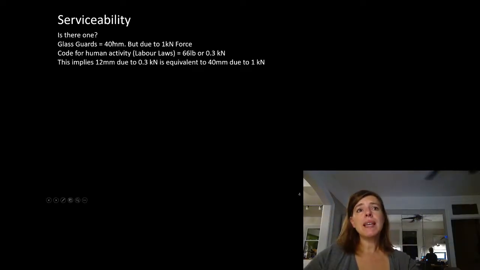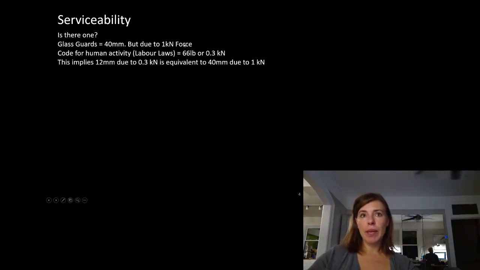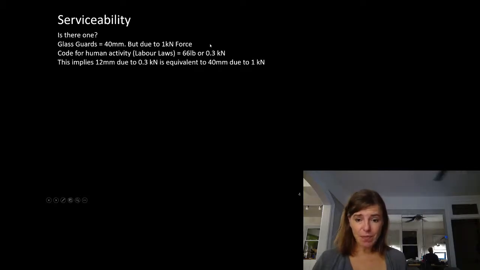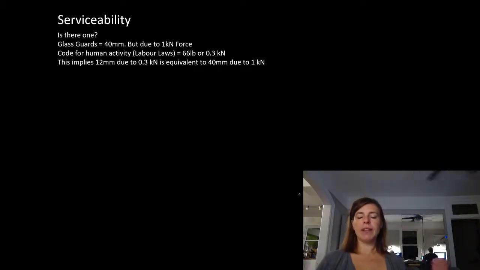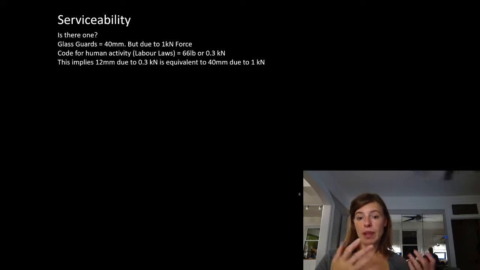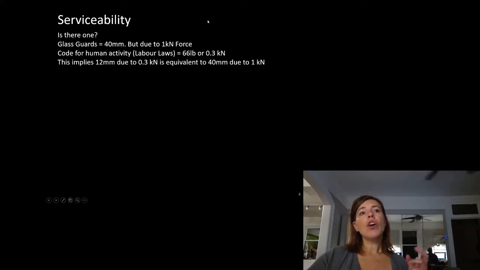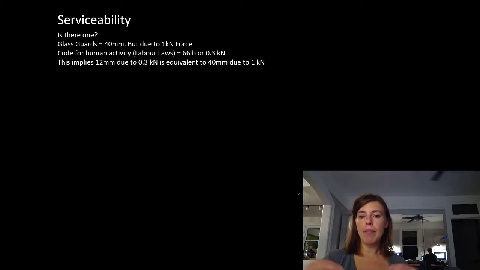So as much as we can say it's allowed to move 40 millimeters under 1 kilonewton, it's almost impossible to generate that force with one person doing that work. The code for human activity, so basically not the labor laws, indicate that people don't have to pick up anything more than 66 pounds. If something is more than 66 pounds, you need that many people to pick it up.